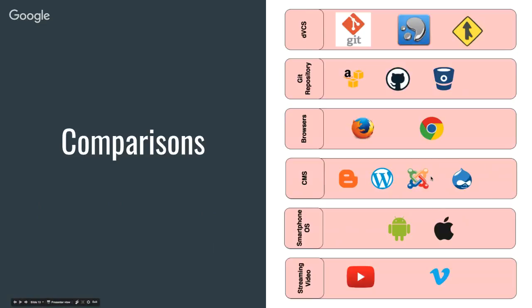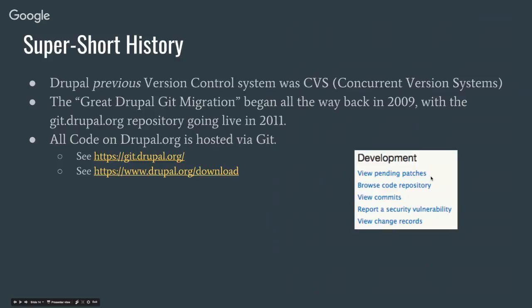All right, so super short history. Drupal's previous version control system was called CVS, Concurrent Versions System, and we don't care about it because it's done. The great Drupal Git migration began all the way back in 2009, and it was completed in 2011.